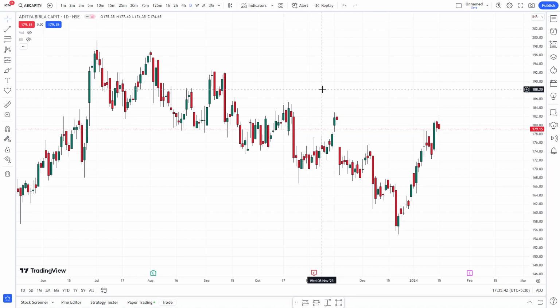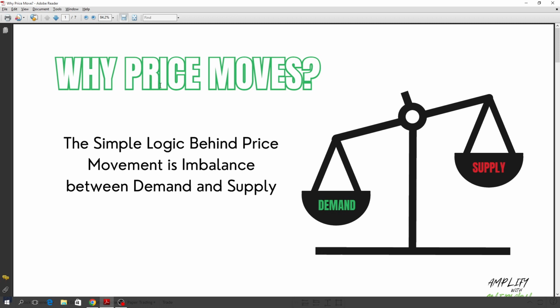So I don't want to confuse you anymore. What I want you guys to understand is the actual logic behind price movement. If we talk about any commodity in the market, for example gold, or any particular product available in the market, whatever it is, the simple reason behind the price movement of anything is supply and demand.